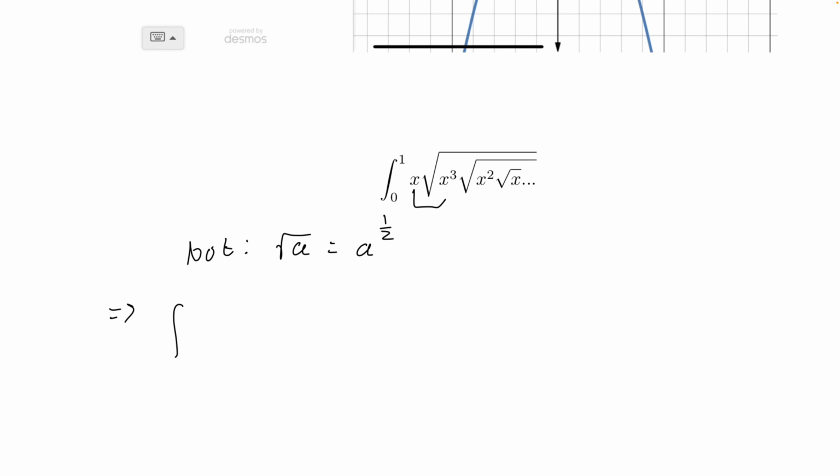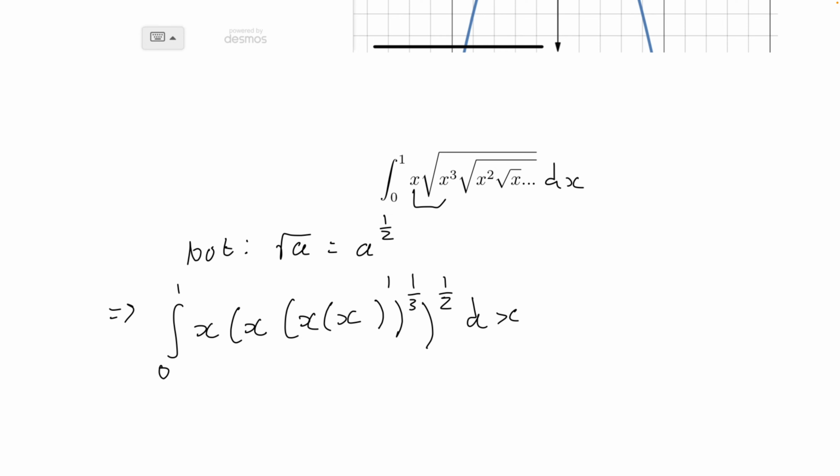So let's see, the integral between 1 and 0, so it's a definite integral, is written as x multiplied by x, but everything inside the bracket that x is multiplying is to the half, dx. Everything that x is multiplying here is to the power of a third. Everything that x is multiplying here is to the power of a fourth, and so on and so forth.